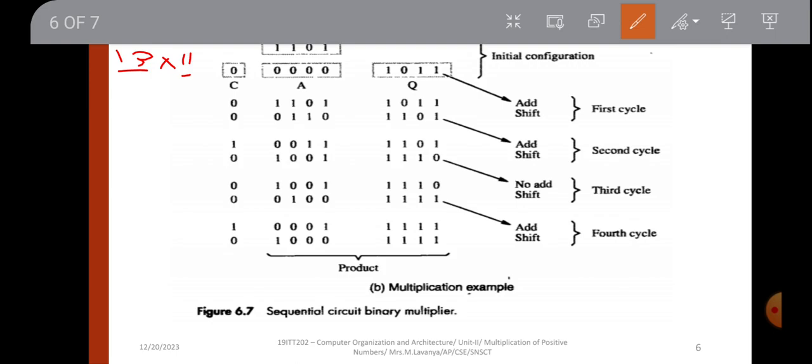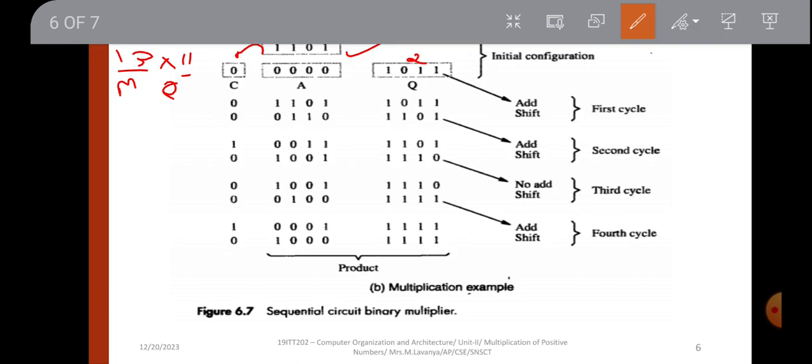The multiplicand is represented as M and the multiplier is represented as Q. First, we will set the multiplicand. Multiplicand 1 0 0 1 is written at the top. Then the Q value, 1 0 1 1, which is equivalent to 11, is written here.